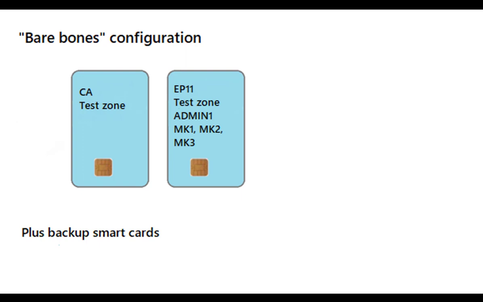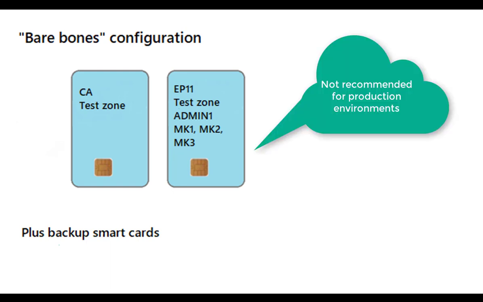There are different ways you can set up your smart cards to initialize a service instance. A bare bones configuration would be to create a single CA smart card and a single EP11 smart card. This is not recommended for production environments. The EP11 smart card would contain a signature key and 2 or 3 master key parts. This may be suitable for a test or development environment where you are not working with real data that must be kept secure.